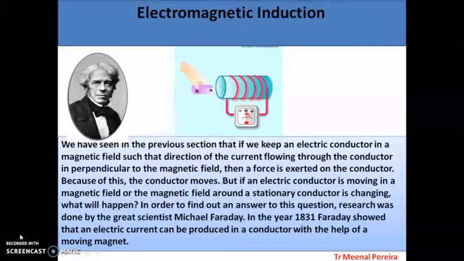In the year 1831, Faraday showed that an electric current can be produced in a conductor with the help of a moving magnet. Very clearly from the diagram, as the magnet moves, the coil, which is a stationary electric conductor, shows a deflection in the galvanometer.